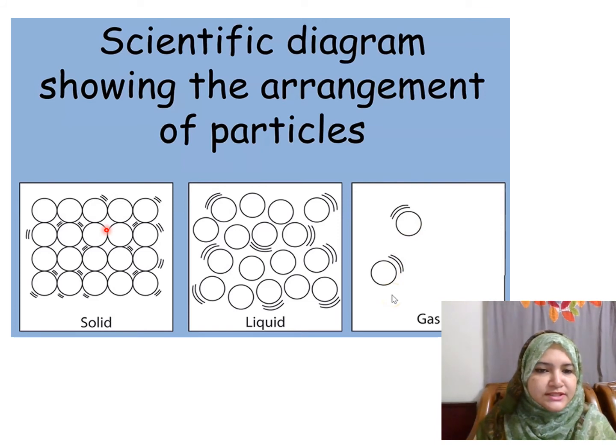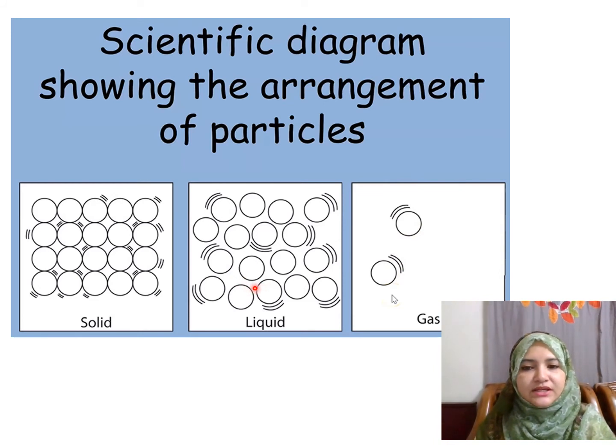But in a liquid the particles are slightly further apart, so the distance between the particles is comparatively larger, and so there is space for them to move around each other, and because they are moving they flow around each other.